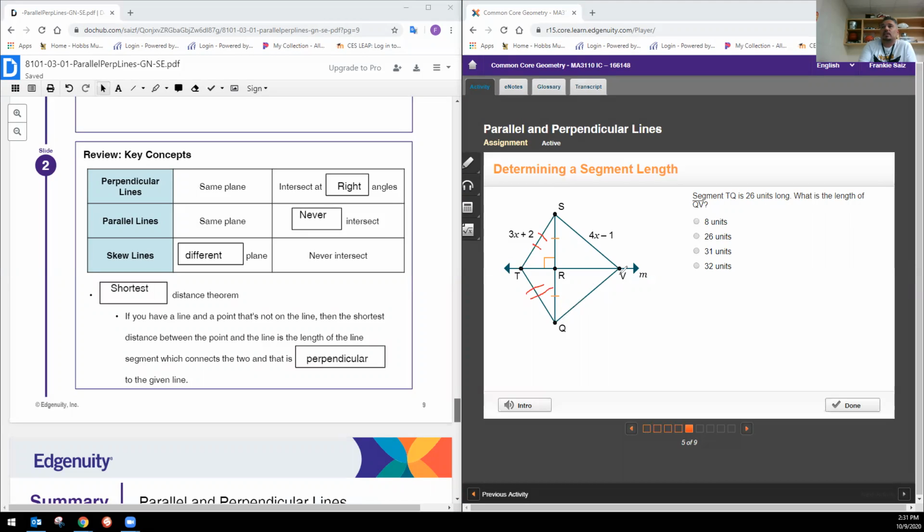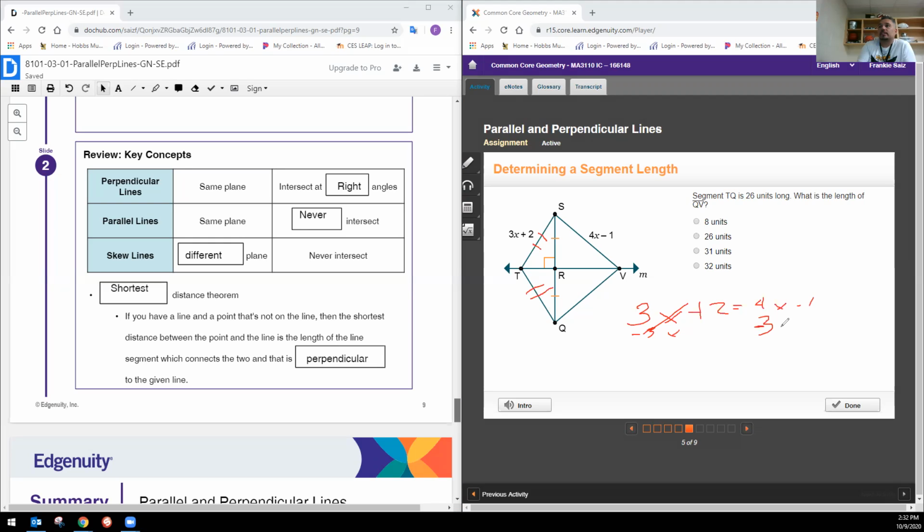QV. Okay, so we could do a couple different things, but I'm going to do it the way we did it in there. It was 3x plus 2 is equal to 4x minus 1. Again, I want to keep positive, so I'm going to bring this one over here. So I'm going to go negative 3x here to cancel those out.